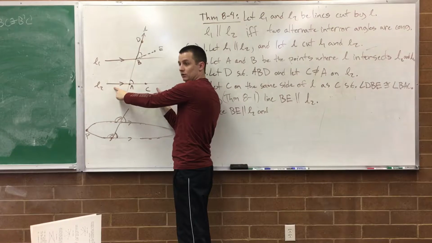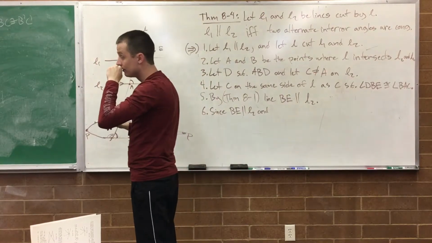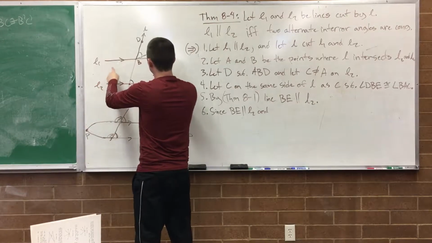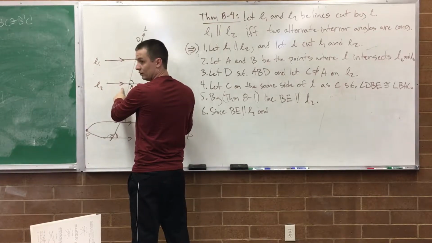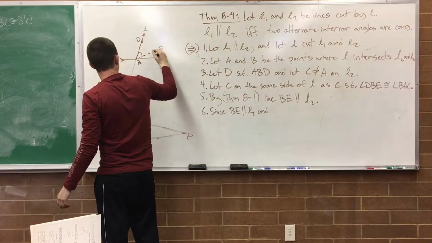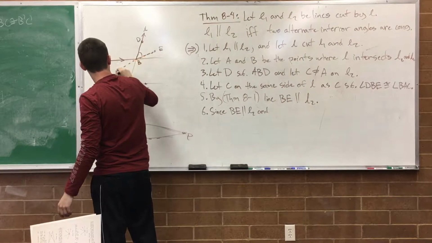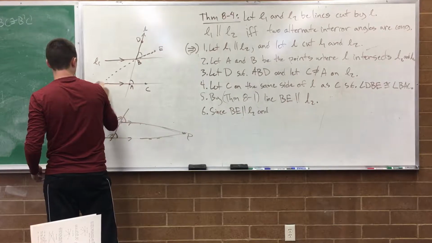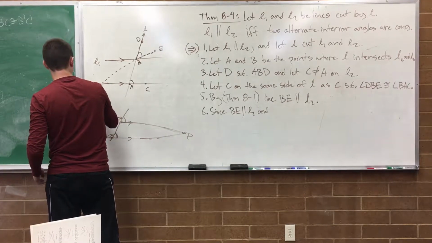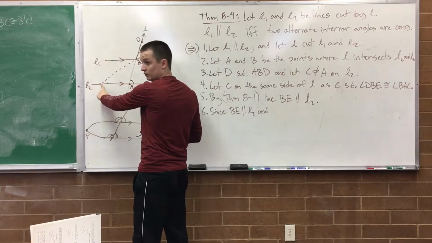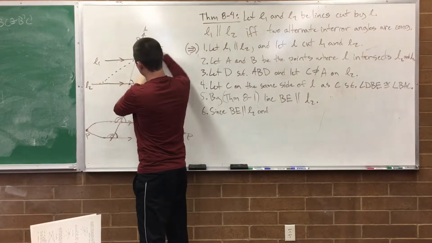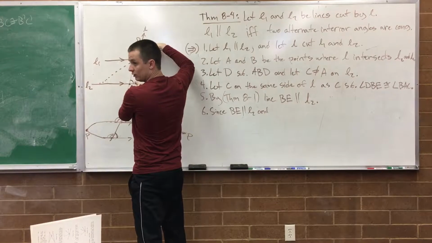Yeah, but what if it intersects it? You're saying, what if this intersects this? So if this comes down and intersects this line, why can't it do that? Notice this angle is the same size as this angle, right?